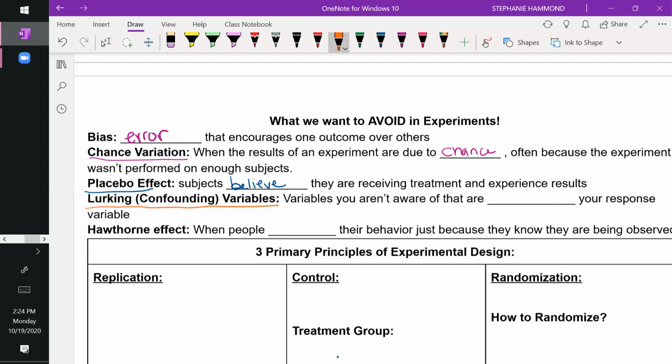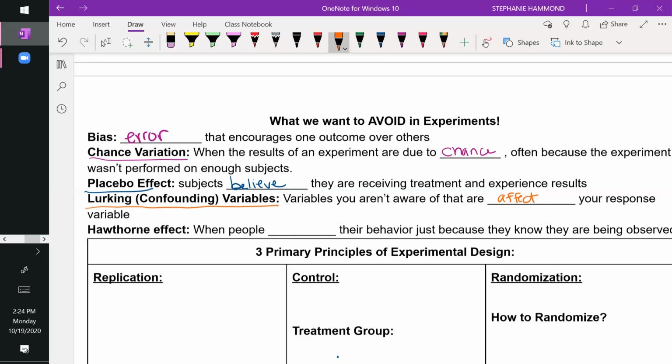Lurking variables are variables that you aren't aware of that affect your response variable. So if we're talking about things like a plant that's growing and we're recording the growth at different times for different plants, things that we might not take into consideration might be how much sunlight one plant is getting, how much water it's getting.